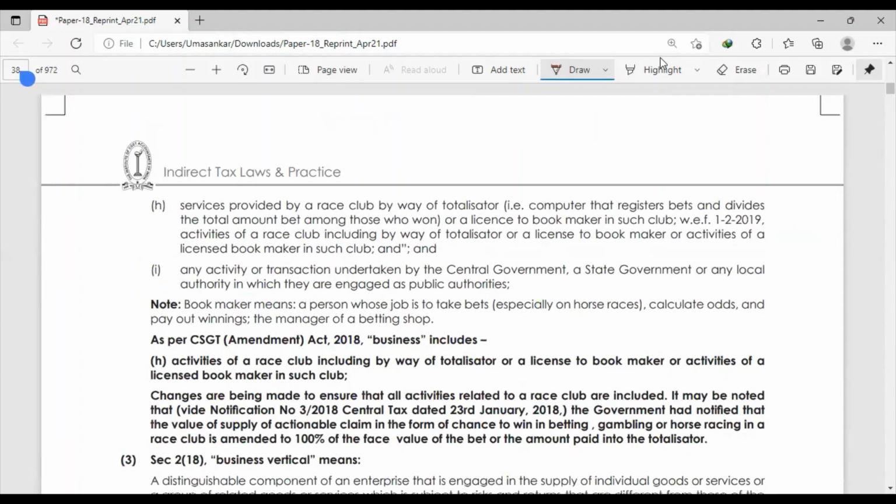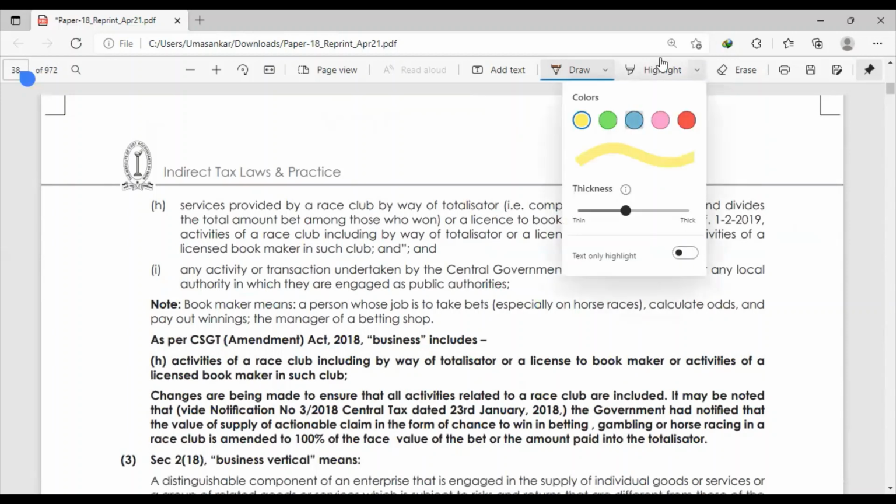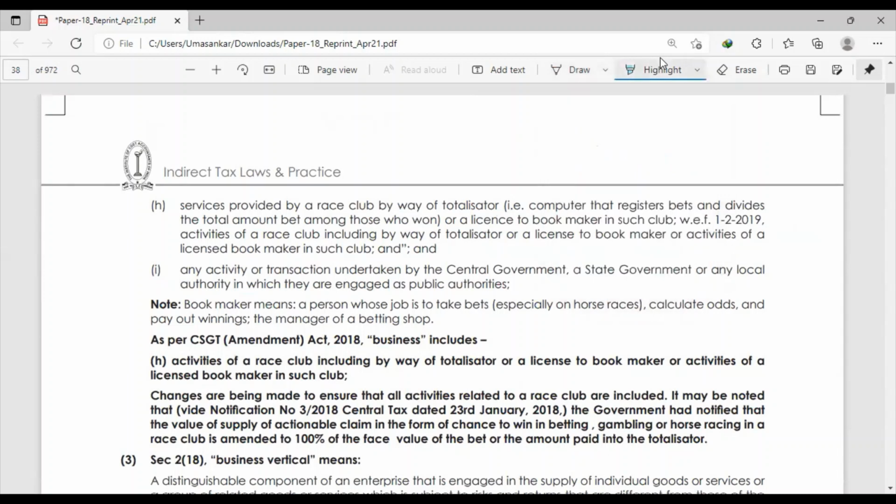Next, two points more. Services provided by a race club by way of a totalizer or a licensed bookmaker in such club.